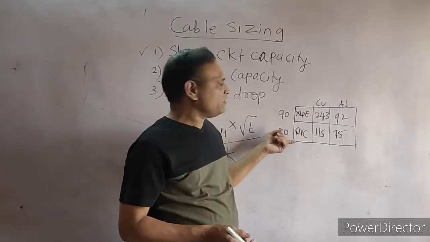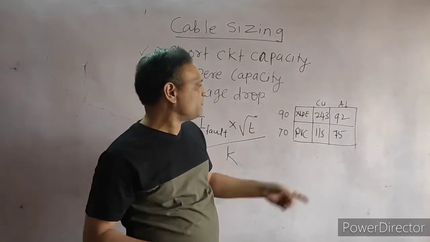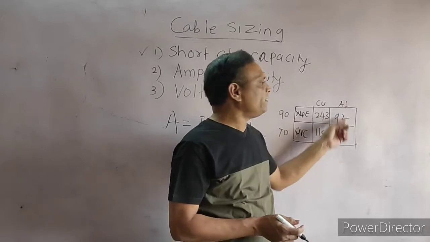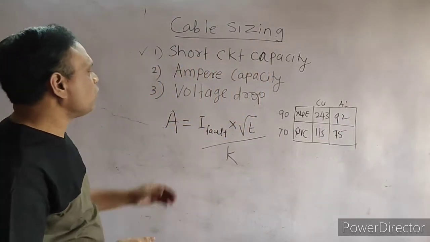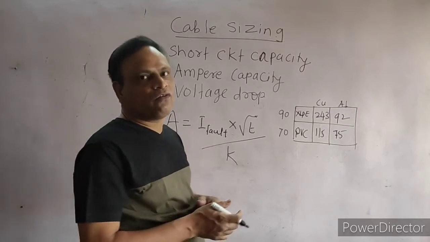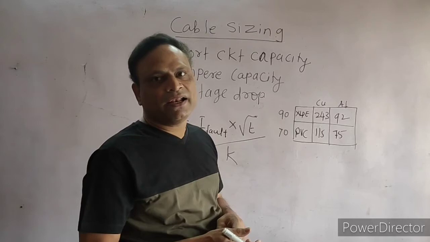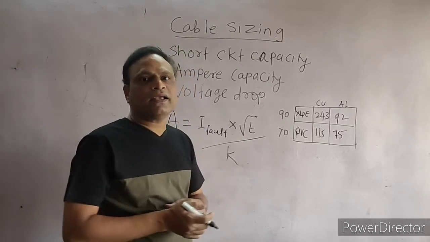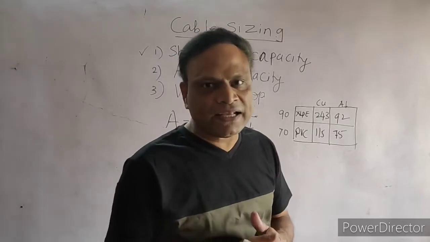Now PVC is at 70 degrees. For copper this K factor is 115 and for aluminium it is 75. So first we have to calculate the fault current. After calculation of the fault current, T is the time for which the cable has to withstand the current.